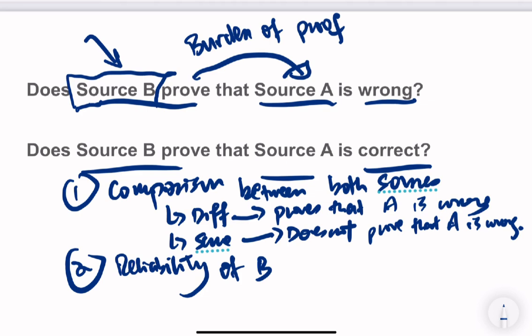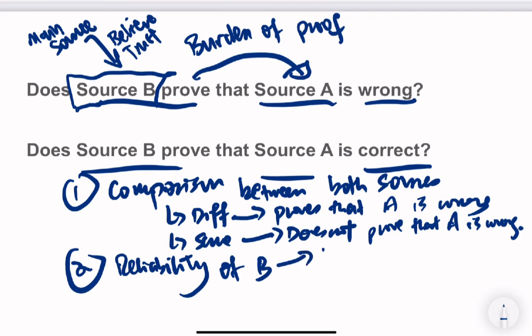If I cannot trust source B, can I use source B to prove that A is wrong? Cannot. So A becomes the main source. And what you need to check about B is whether you can believe and trust what B says. That is why you need to find the reliability of B.